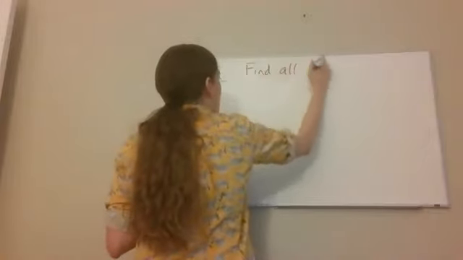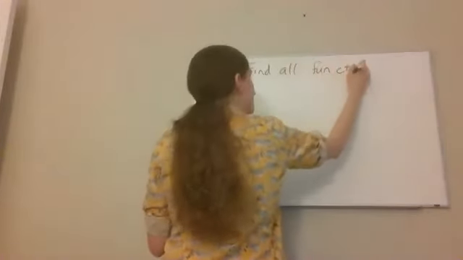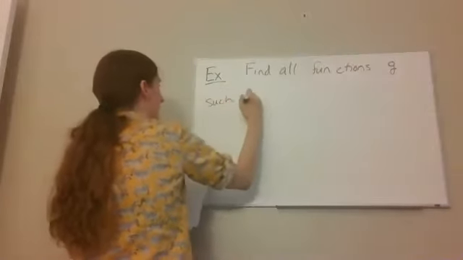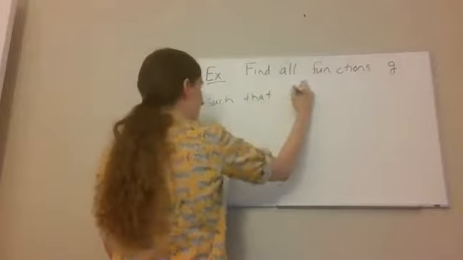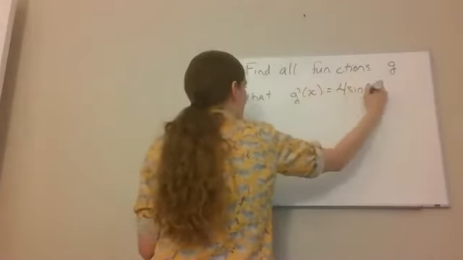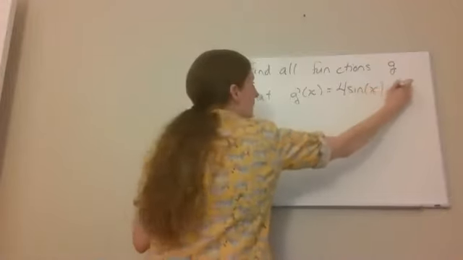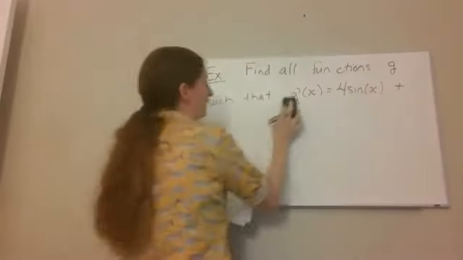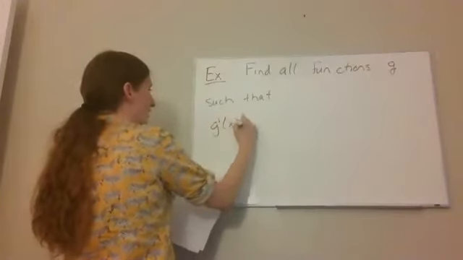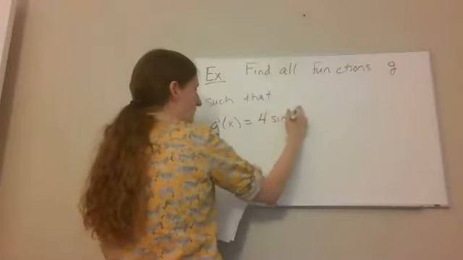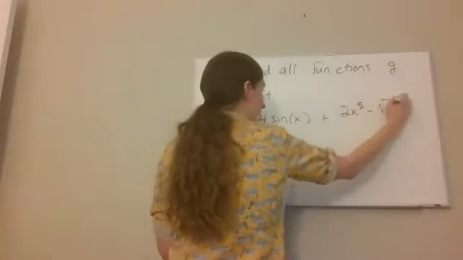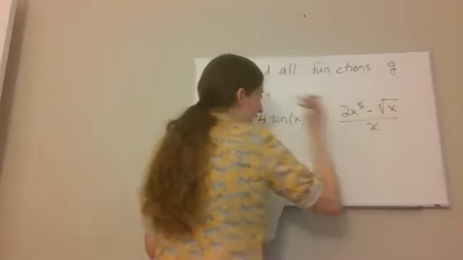Find all functions g such that the derivative of g is equal to 4 sine of x plus, let me write this on a new line, I don't have enough room for it. g prime is 4 sine x plus 2x to the 5th minus square root of x over x.